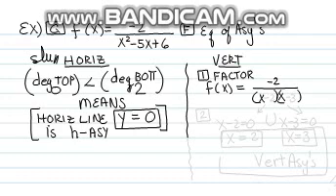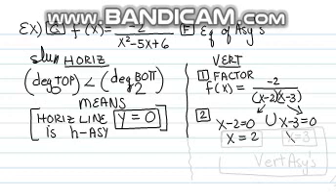X minus 2, x minus 3 will work. And then step 2, we're going to solve each of these set to 0. So we get x minus 2 equals 0, together with x minus 3 equals 0. This gives us x equals positive 2, and this gives us x equals positive 3.